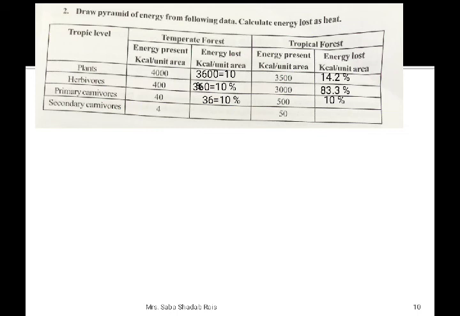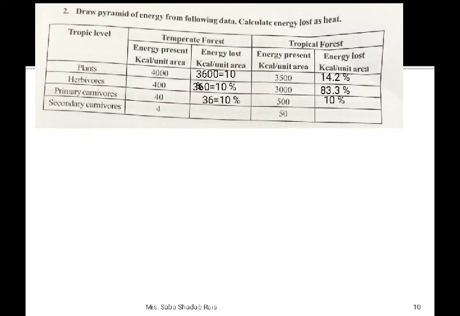Plants have 40,000 kilocalorie energy per unit area, and at the next level, herbivores have only 400. So it has been asked to calculate the energy loss. If you calculate it, you will find that 3,600 energy is lost. That means there is a loss of 10% of energy.